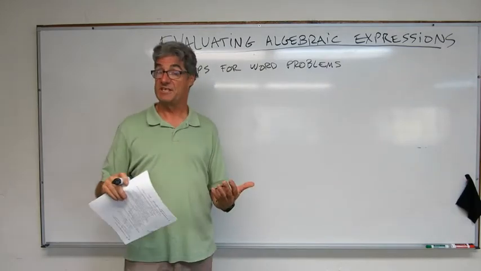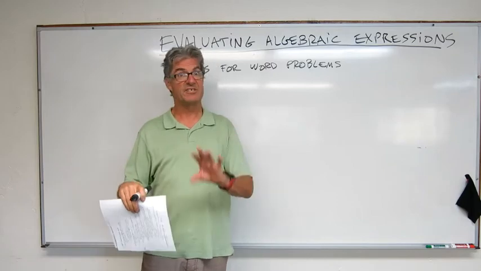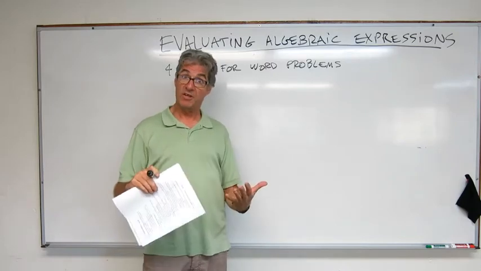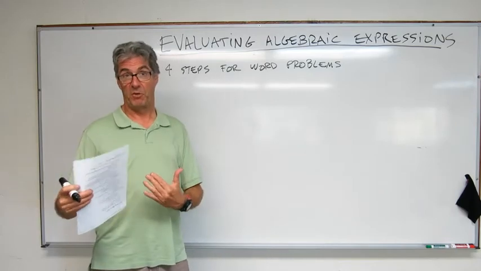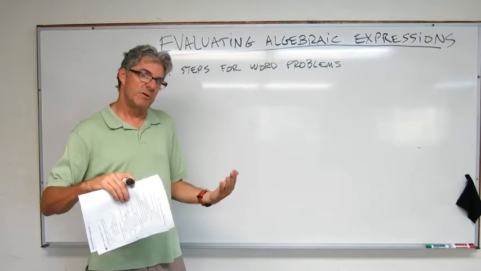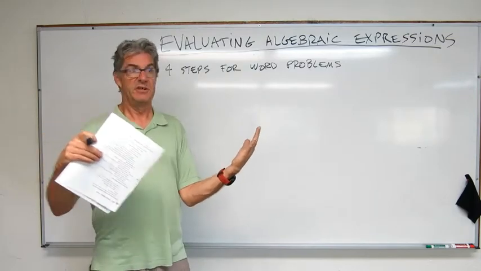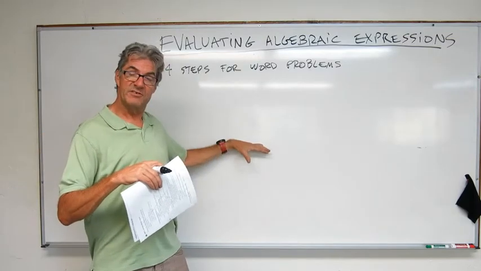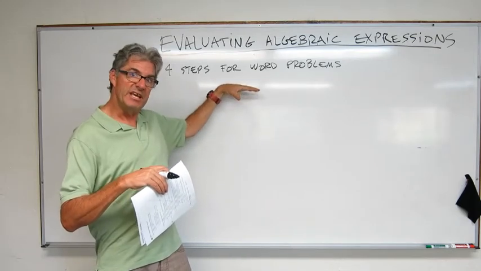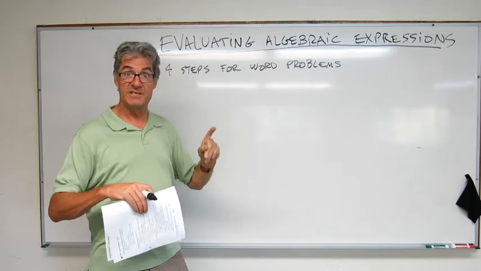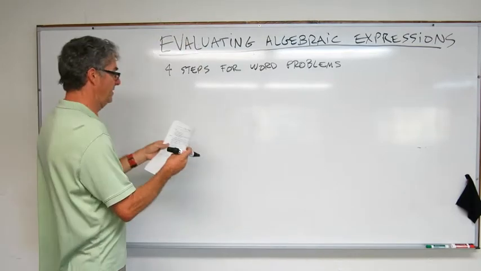A lot of people are intimidated with them because the math is buried in language and a situation. The important thing about word problems is they are where math meets real life. So sometimes when we read a word problem, we immediately go, oh, I don't know how to do that. How am I going to do this? If you follow the 4 steps, you might not know how to get to the end at the first step, but if you can keep moving through the steps, you might be surprised that you can actually get all the way to the solution.